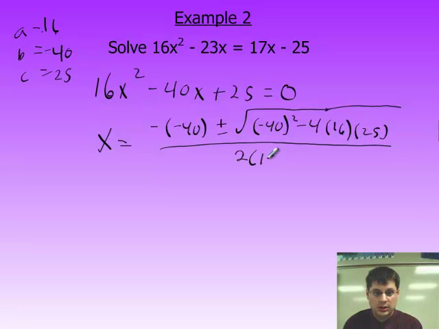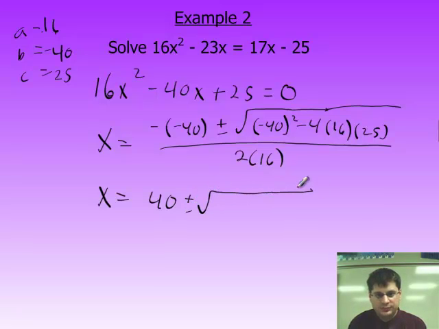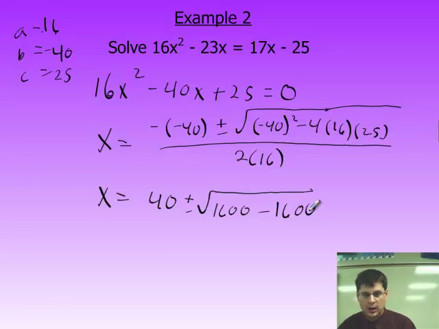So 2 times 16. Now we'll start simplifying this. So positive 40 plus or minus the square root of 1600. Well, it works out. That's going to give us 1600 minus 1600. Okay, that's interesting. And then over 32.